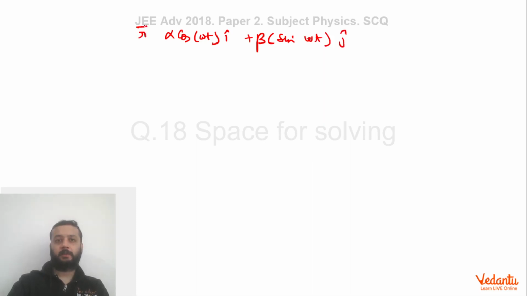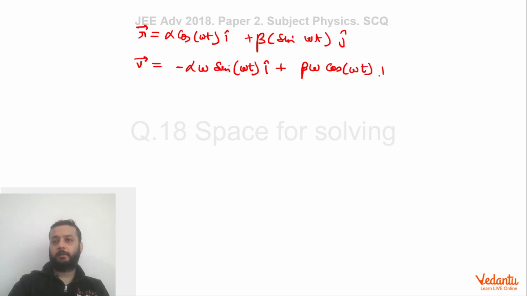This is the position vector. If we try to find the velocity vector, it will be minus alpha omega sin omega t i cap plus beta omega cos omega t j cap. Okay, so velocity you can see is this.